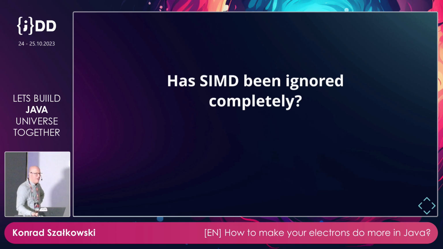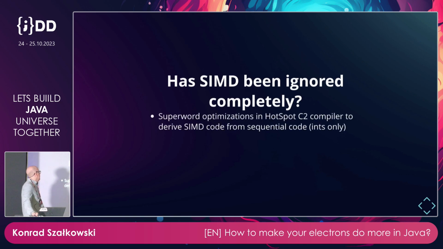But I would lie if I said that SIMD was ignored completely by Java. Because I don't know if you know that in your JVMs you have the so-called C2 compiler. It's a very advanced just-in-time compiler that introduces a lot of optimizations. And one of these optimizations to your code is called superword optimization. In superword optimization, what happens?